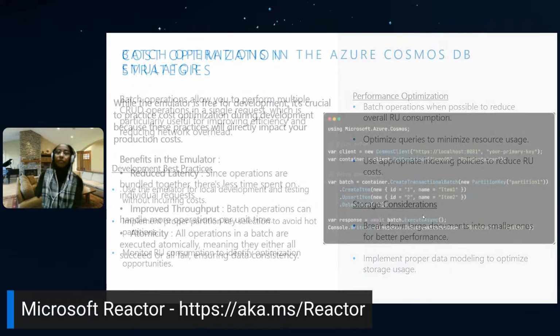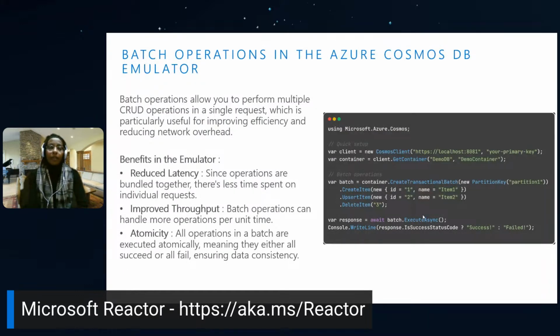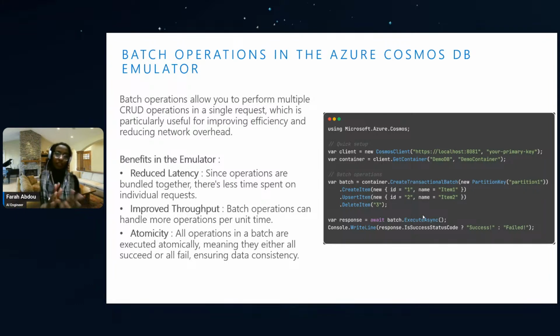This is an example where we have talked about the batch operation. The batch operation allows you to perform multiple CRUD operations in a single request. This is more efficient and reduces the network overhead. But if you are a beginner, just keep it simple and go step by step.